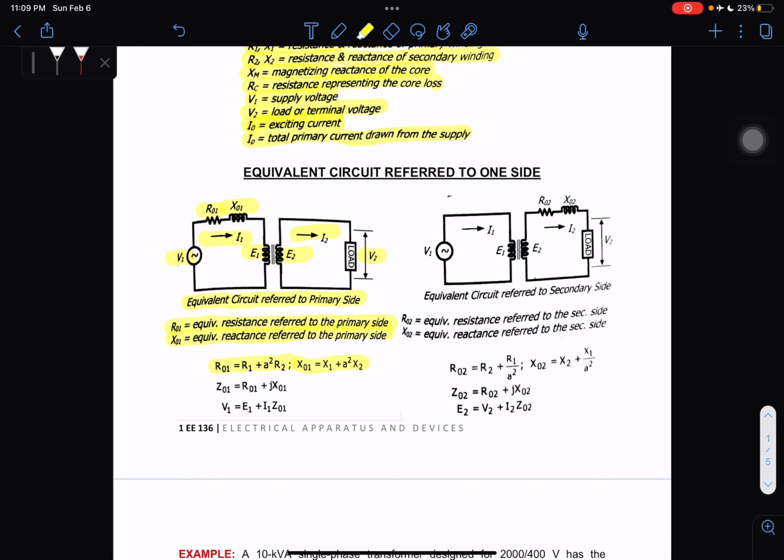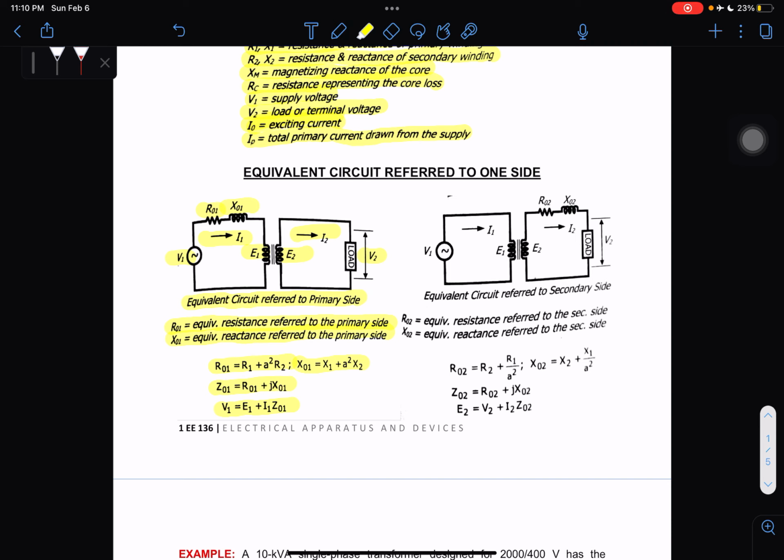And solving for Z01, or the impedance for our primary side, we have R01 plus jX01. And V1 is equal to E1 plus I1 multiplied by Z01.